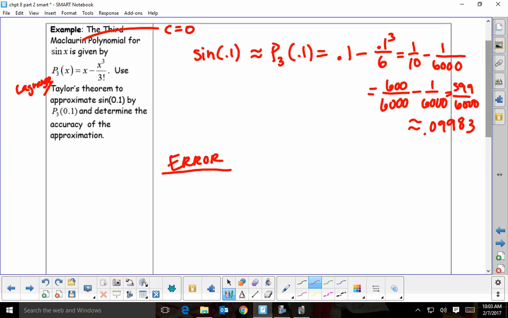So we have the formula that says the absolute value of the actual, which is sine of 0.1, minus the approximation, which was 599 over 6,000.